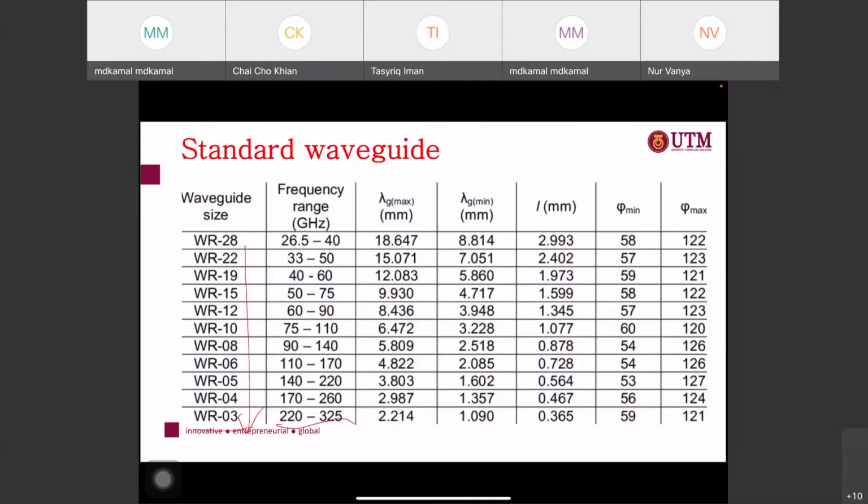At high frequency, WR3, the aperture size becomes very, very small. Lambda G, the guided wavelength inside the waveguide, is about 2.214 millimeter, very small.